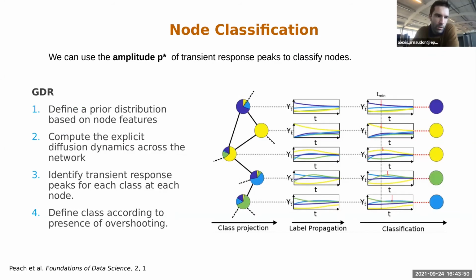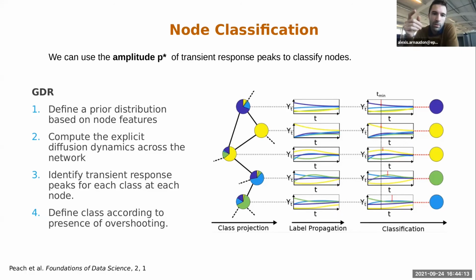So that was using just the time of the peak. And we have a previous paper where we actually started from looking at the amplitude of the peak, which was used to improve classification of nodes. So basically, we would start from initial conditions, which were already a probability of classifying nodes in different classes.